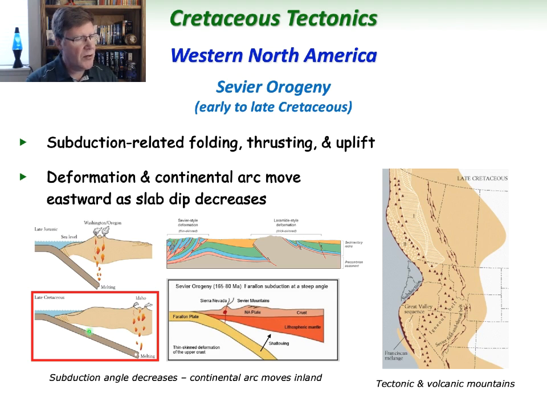As this decreases, it's going to change some things. For one, there's going to be a little bit more coupling between the plates, and so more stress is transferred from the downgoing oceanic plate to the overriding continental plate. So more folding and thrusting. Where the downgoing plate goes through about 100 kilometers depth, that's where we see an area of melting above the plate, and those magmas will rise and form a continental volcanic arc.